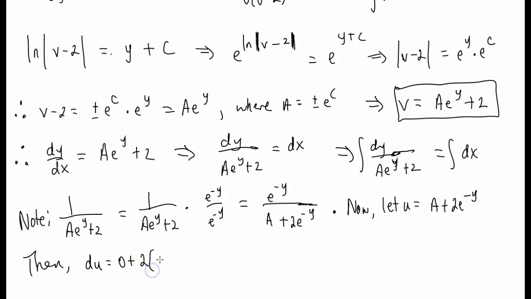Using the chain rule, that is just going to be minus e raised to the minus y, which is basically minus 2 e raised to the minus y, which means that essentially here we have a negative 1/2 du is equal to, and I forgot to put the dy here, e raised to the minus y dy, okay?